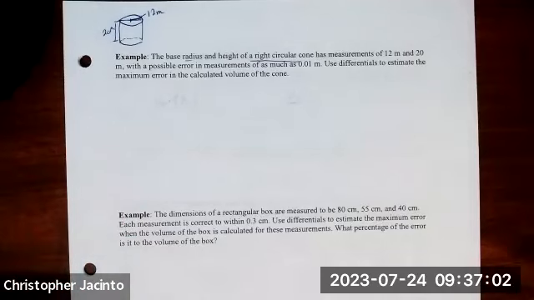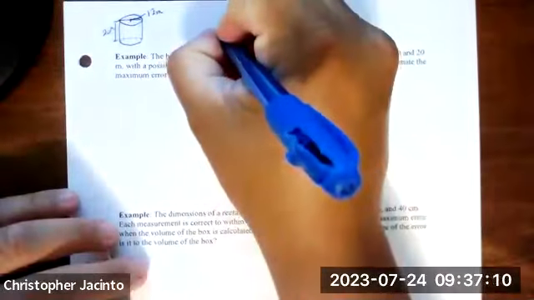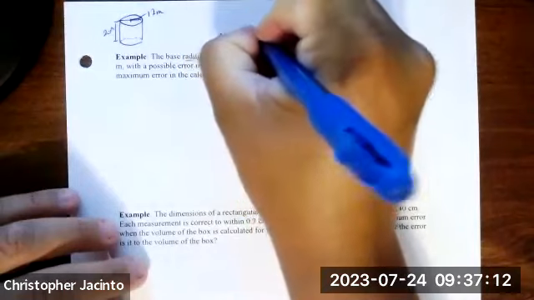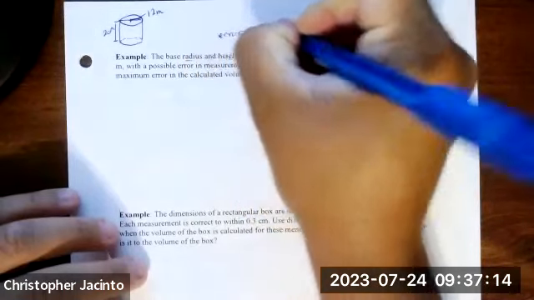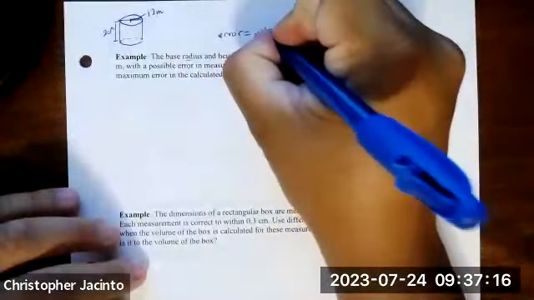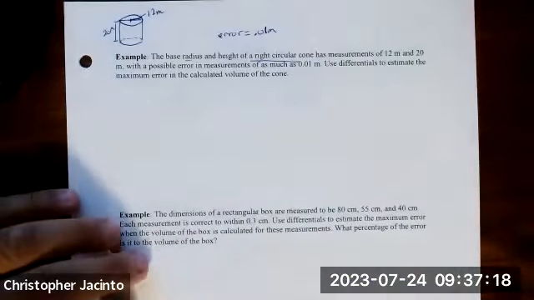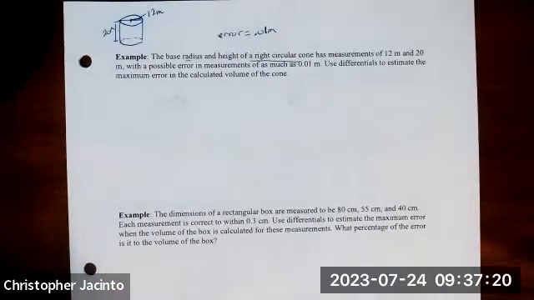Okay, so given a base and a height of 12 and 20, with a possible error in measures as much as 0.01. So that's going to be interesting. Error 0.01. We'll see what that means there. Use differentials to estimate the maximum error in the calculated volume of the cone.